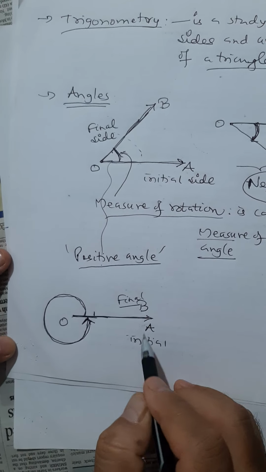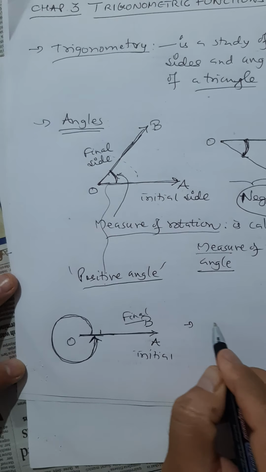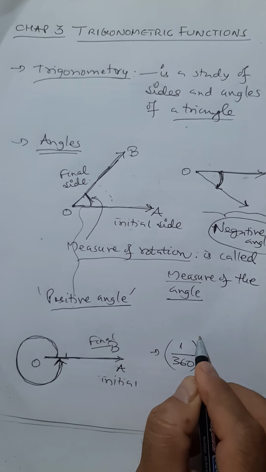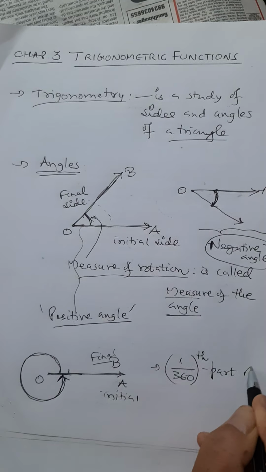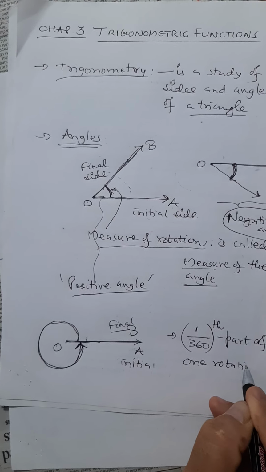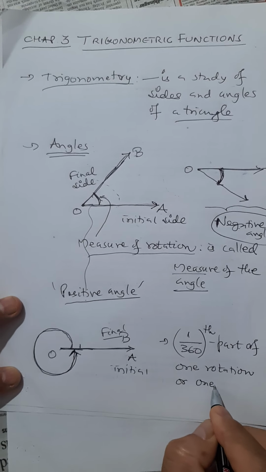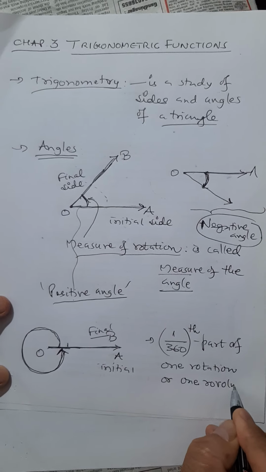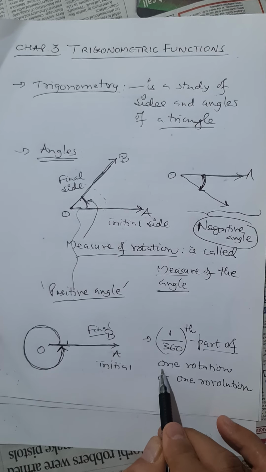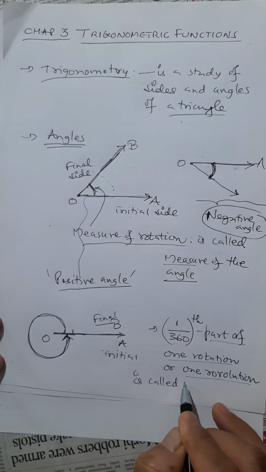Now what we do, here from starting to the ending, we consider the 360th part of one rotation, or you can say one revolution, that is 1 upon 360. The 360th part of one rotation or revolution is called the measure of 1 degree.